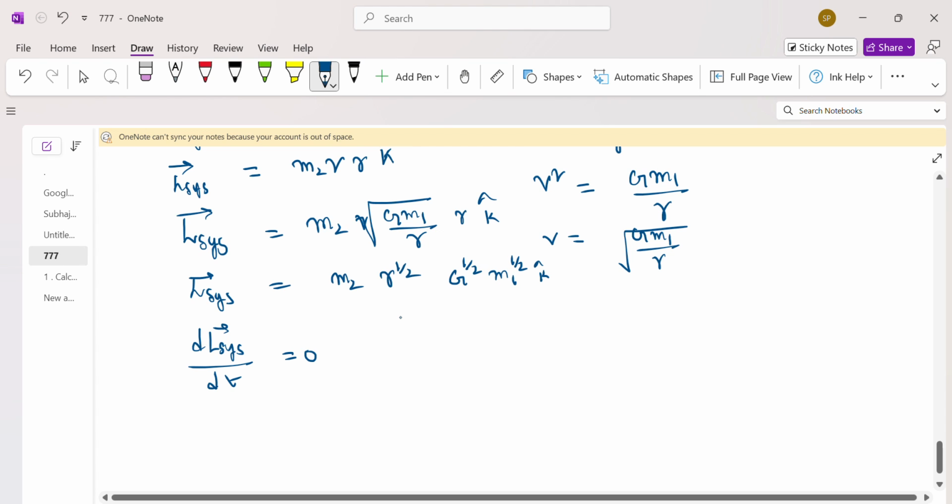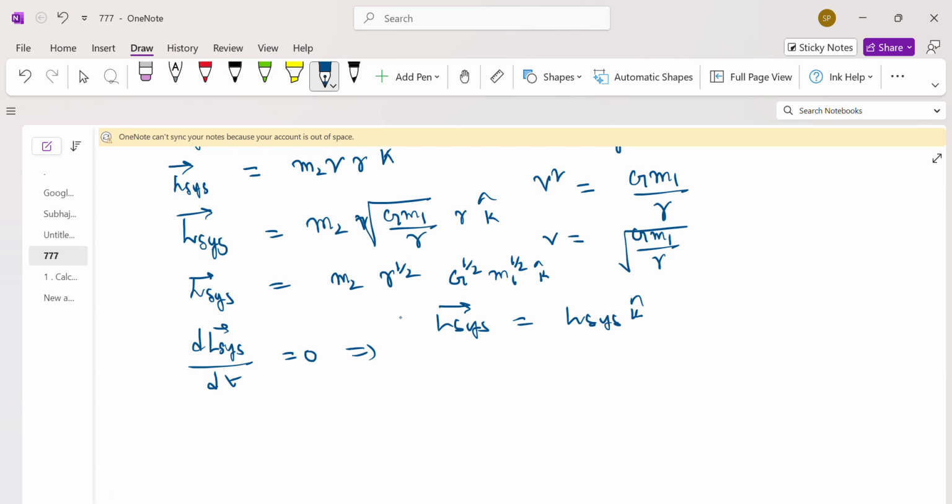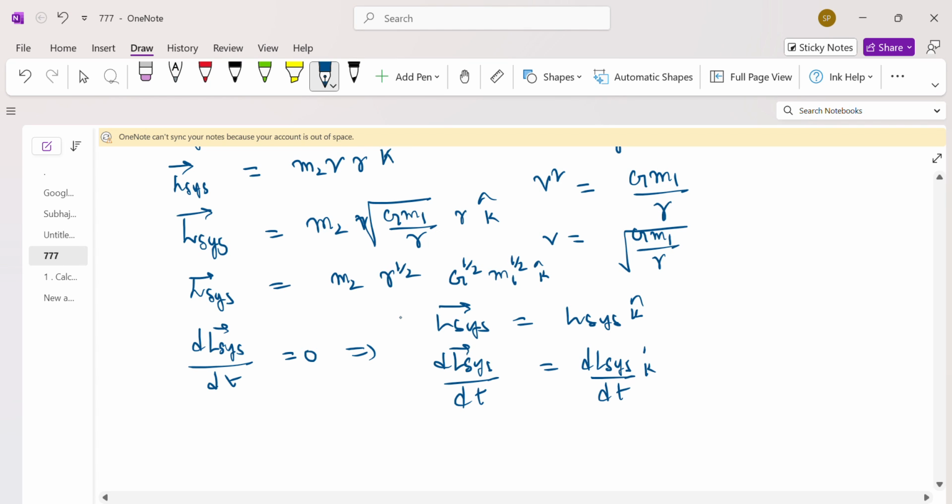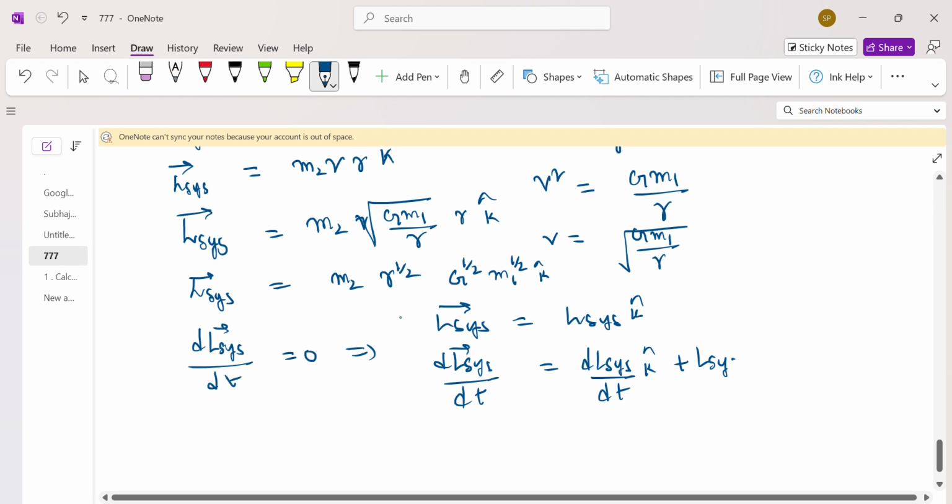So this will be equal to 0, but this is along a single direction, so I can write L_sys as L_sys k hat. So dL_sys/dt vector is dL_sys/dt k hat plus L_sys dk hat/dt.